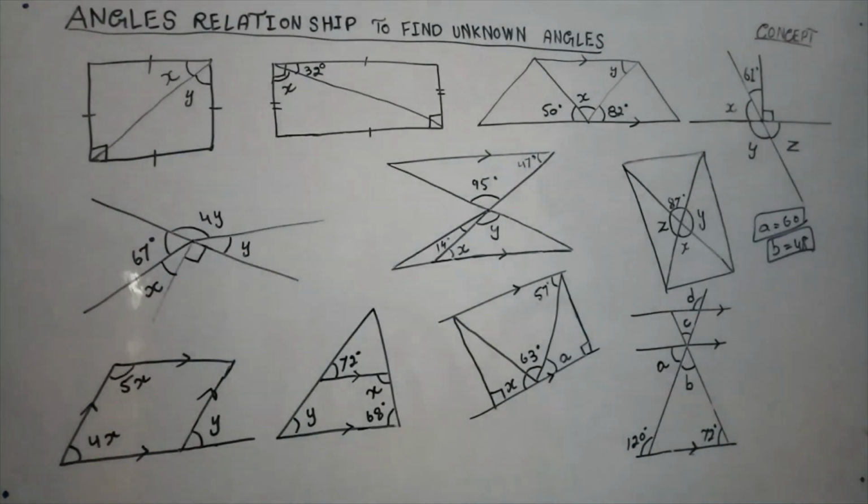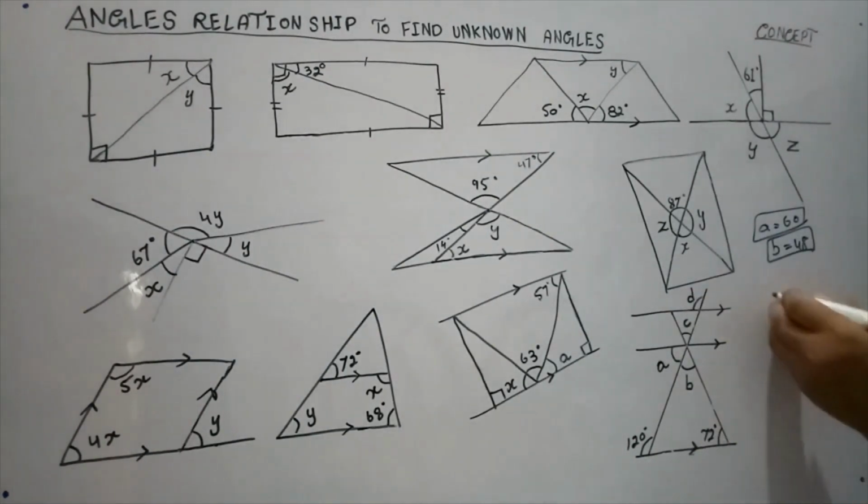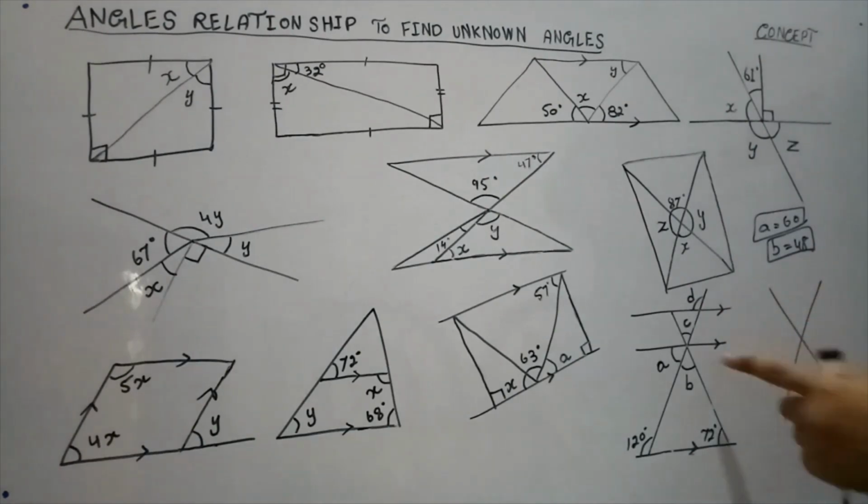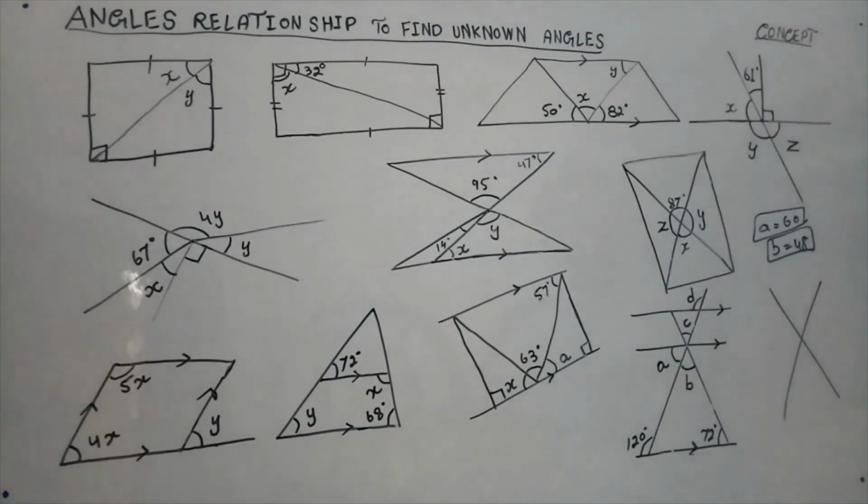Now if I redraw these two lines, this line and this line, you can see that here we have two straight lines intersecting at this point, so we will use the vertically opposite angles theorem. This theorem says that opposite angles are equal to each other. So this angle will be equal to that angle, and this angle will be equal to this angle.